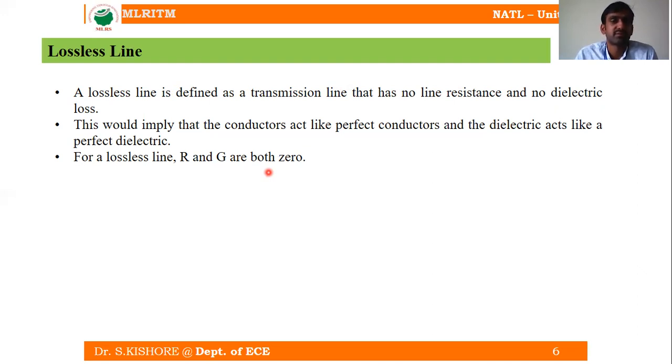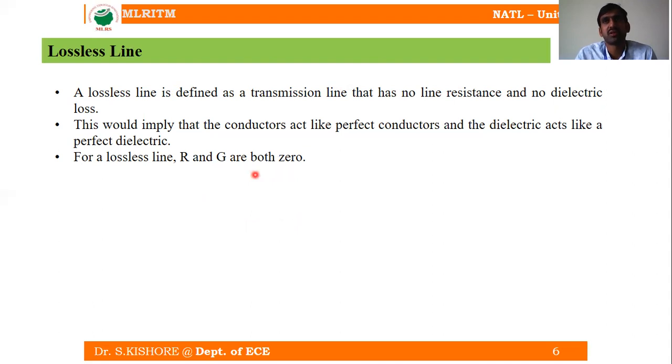So this kind of analysis may be useful to interpret the conditions or to analyze the different parameters with respect to the low loss transmission line. To correlate these parameters with respect to the low loss transmission line analysis, we are going to use these conditions, right? That is the reason why for a low loss transmission line, we analyze what the parameters are and how much loss there is.